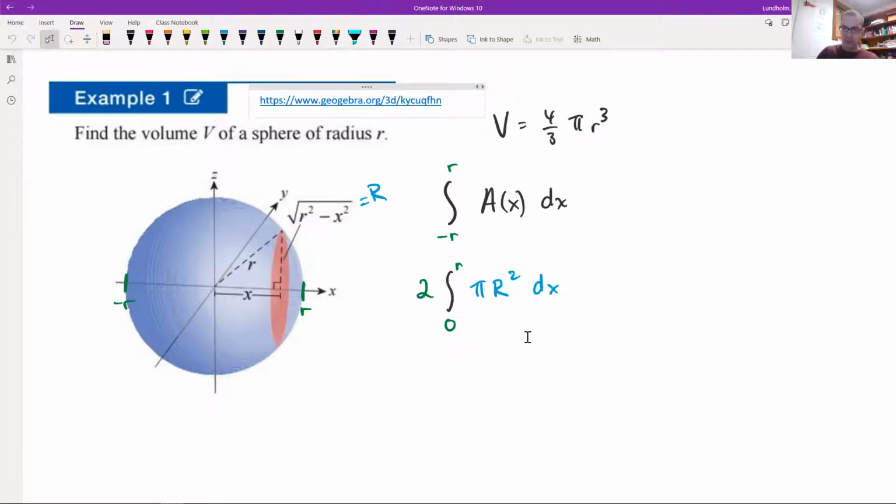And then we could change this so that we substitute all of that in for r: pi times, well, it's going to be the square root, I should just write it, the square root of r squared minus x squared, squared, dx. And then that just becomes r squared minus x squared.